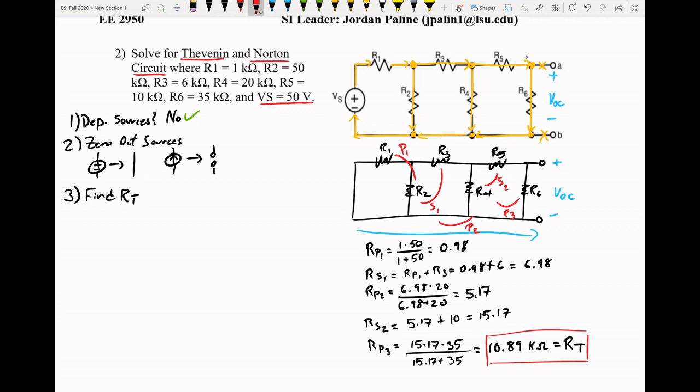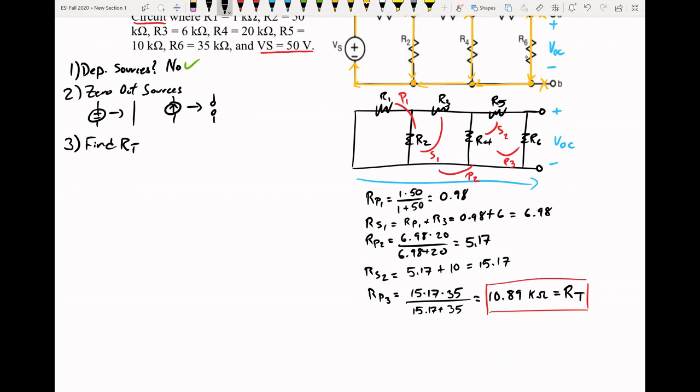Because now we can figure out certain values for certain nodes if we want to do that. The way that looks is, let's write our steps back out.